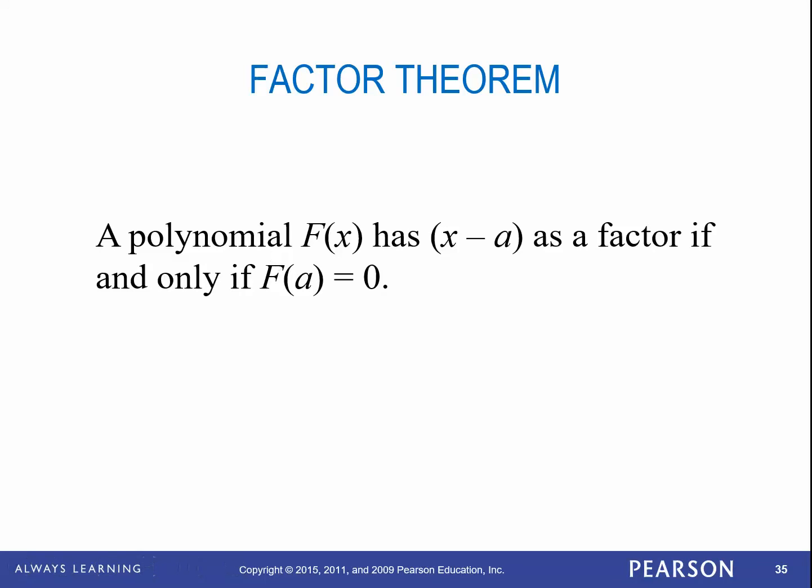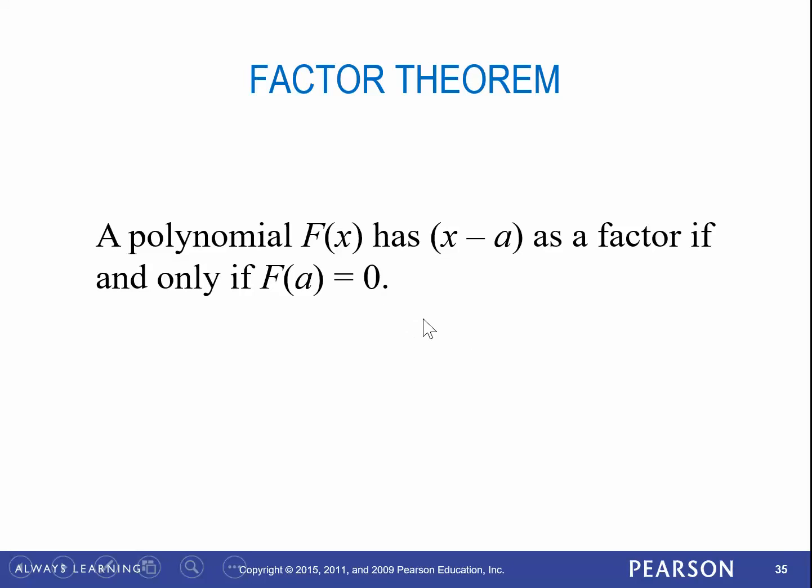Of course, as you're paying attention to the book, we're on page 330 in the textbook. The factor theorem just says this: if you have a remainder of 0, that means if you plug in and f of a is equal to 0, then x minus a is actually a factor of f of x.